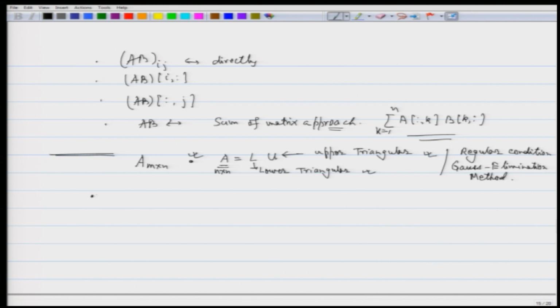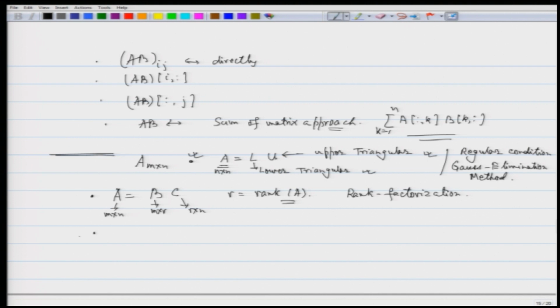Another thing we are going to learn is writing A as B times C. So, A is m cross n, B is going to be m cross r, C is going to be r cross n, and here r is nothing but the rank of the matrix. So, we are decomposing the matrix into ranks. This is called rank decomposition or rank factorization of a matrix. Fine.